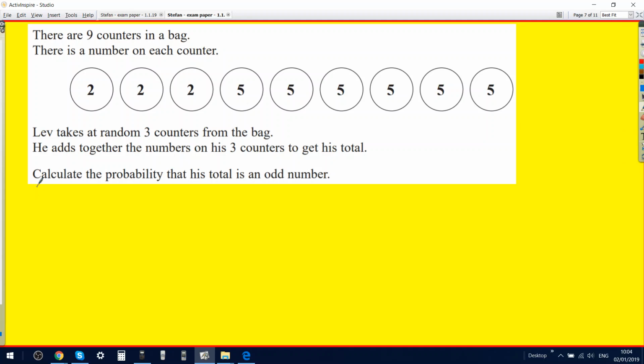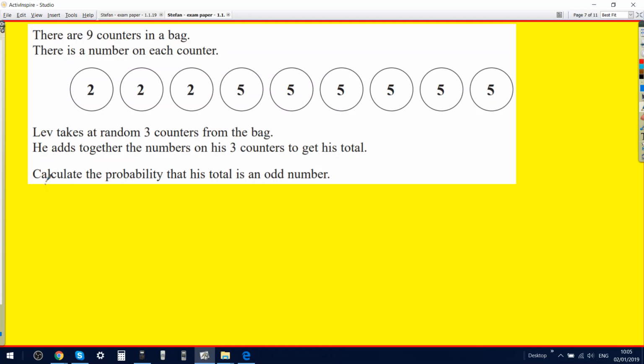Okay, how about this one? So do I need to try and find all the possible numbers he could get, and then find a fraction of the probability that he gets a number?